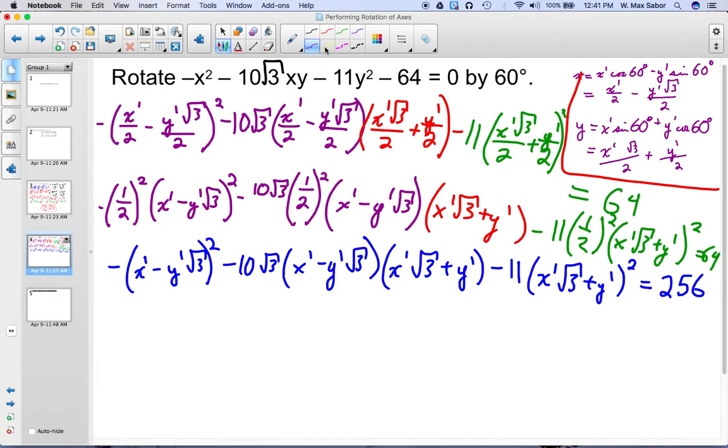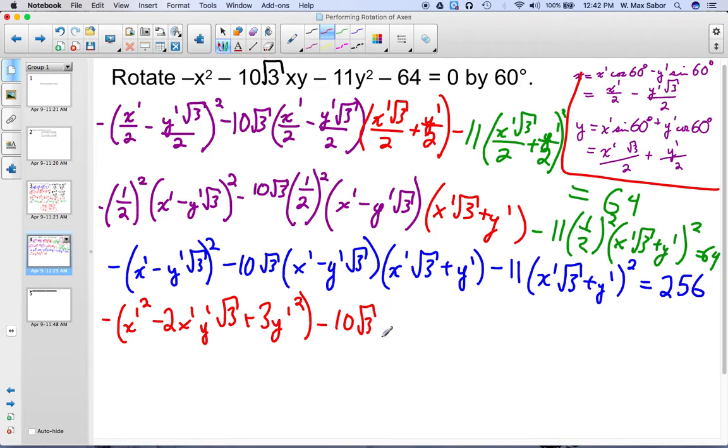Now we can start using our multiplication rules. So this multiplies out to x prime squared minus 2x prime y prime square root of 3 plus, when we square this, we get 3 y prime squared.